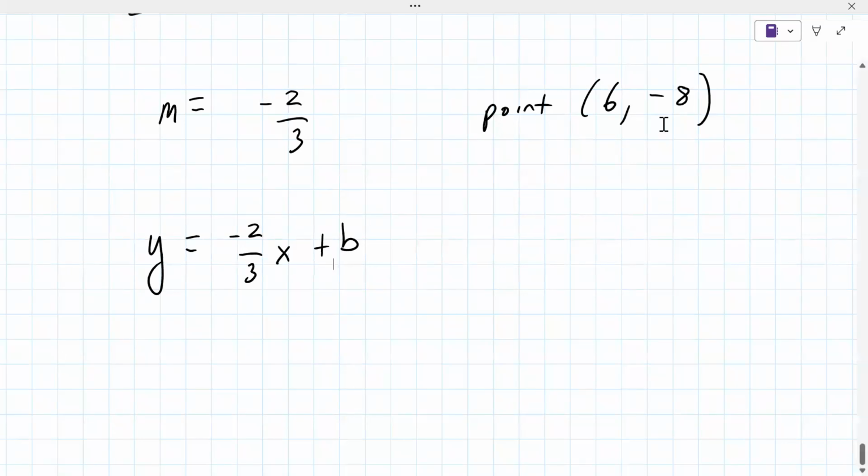Notice I don't substitute in the point. I always just substitute the slope in first. Then you substitute in the point. -8 equals -2/3 times 6 plus b. Now you can write 6 as a fraction. If you remember, we did that earlier. Could you reduce this for me and tell me what -2/3 times 6/1 becomes?